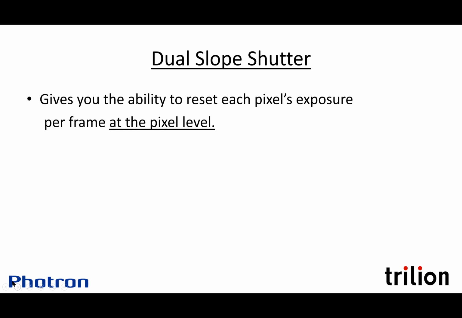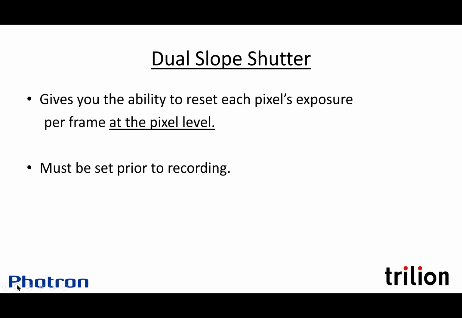But any of those pixels that did get overexposed while the recording's taking place, every single frame, and you can do this at hundreds of thousands of frames per second, every single frame is going to look at those pixels, and if those pixels get ready to saturate, it's actually going to reset those pixel values so that you can have a very bright event. You're looking into a fireball, but the key is you do have to set this prior to recording. Once a pixel is saturated, there's really nothing you can do to try and retrieve that data.